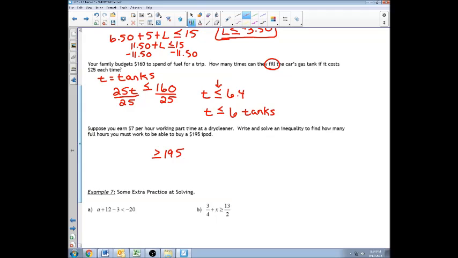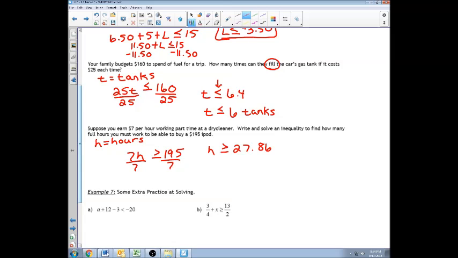Let's figure out what our variable needs to be. It would be hours worked, because our total pay would be $7 per hour. So $7 times the number of hours needs to be greater than or equal to the 195. I would divide by 7, divide by 7. That would give me the hours need to be greater than or equal to 27.86 hours.